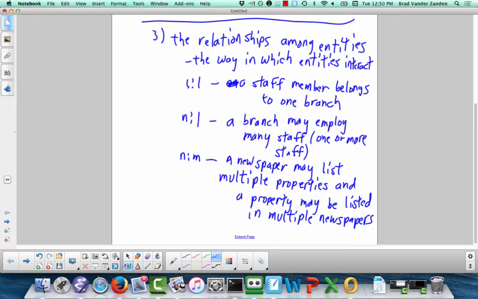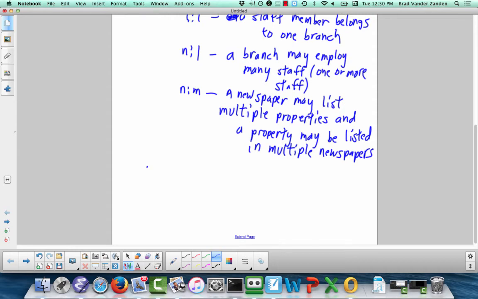So these relationships tend to naturally determine the types of queries that we want to write. They also are going to inform our fourth thing, which is our integrity constraints.